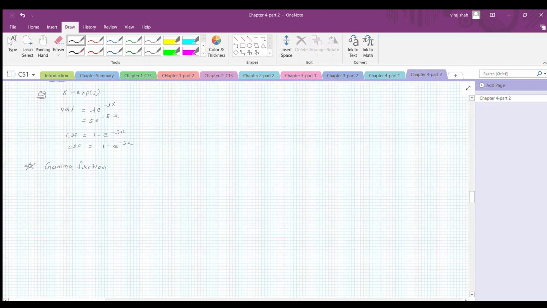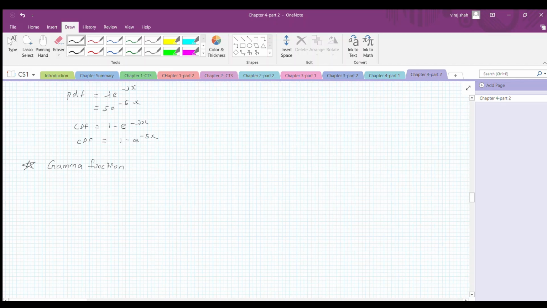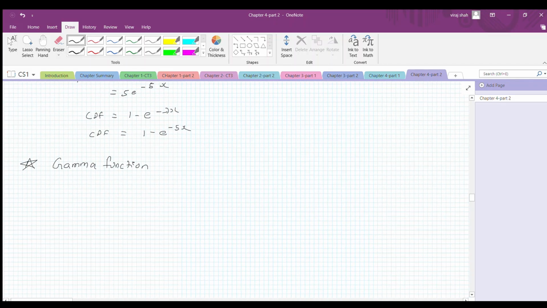So what do you mean by gamma function? Understand this. If integration from 0 to infinity of x raised to alpha minus 1 e raised to minus beta x dx, then my gamma function is nothing but gamma of alpha upon beta raised to alpha. This is my gamma function, okay?